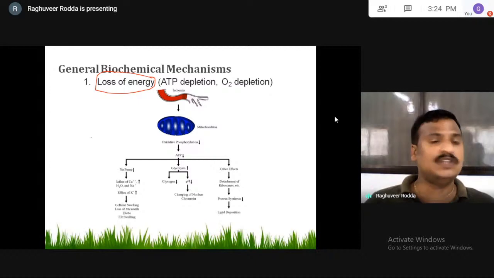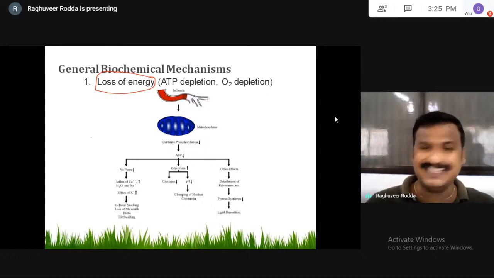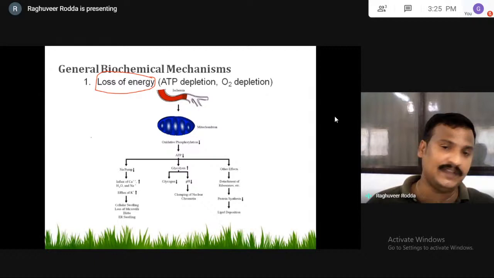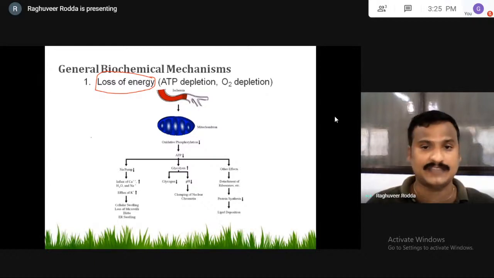There is a depletion of ATP, because ATP is the chief molecule responsible for the energy of a cell, which is produced in the powerhouses called mitochondria.